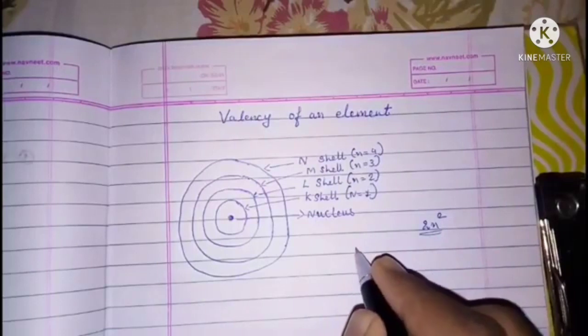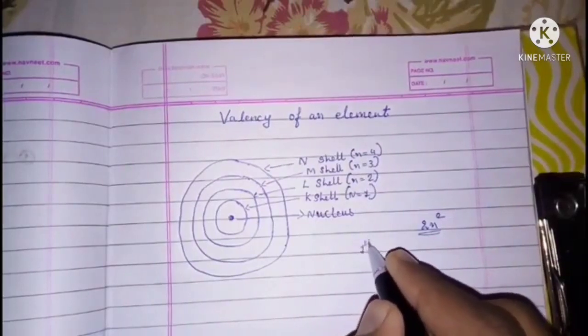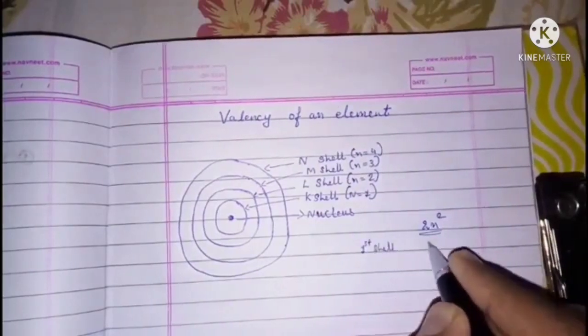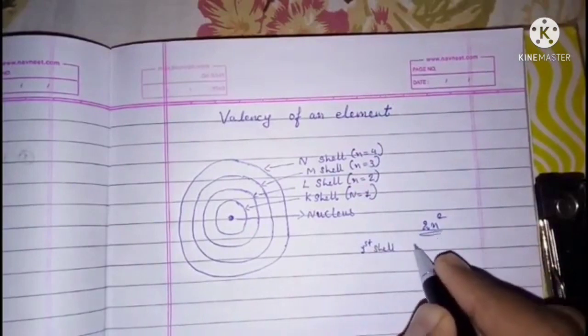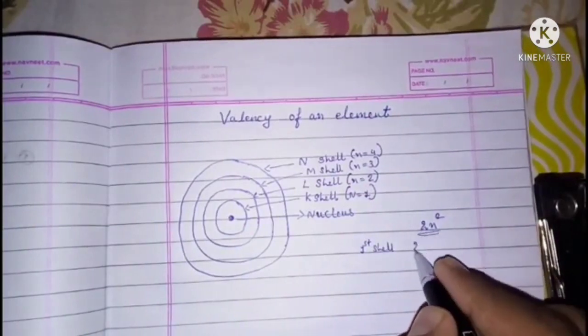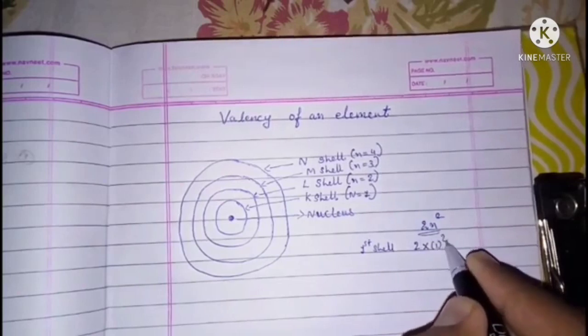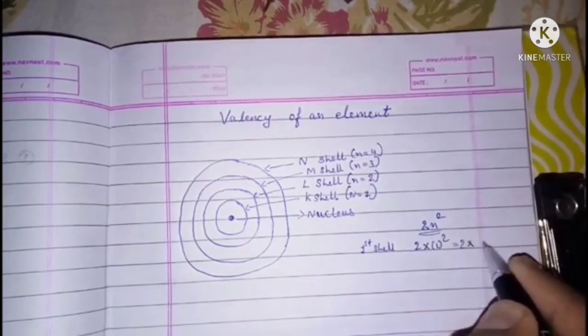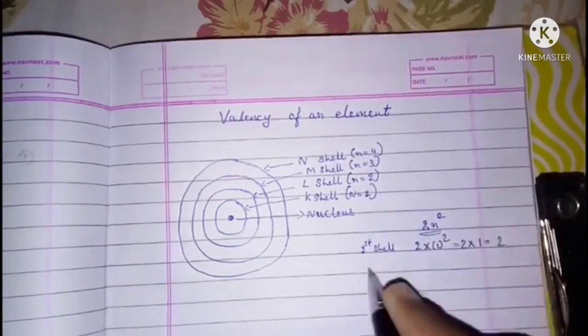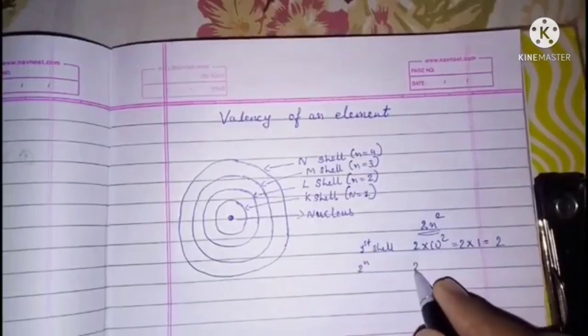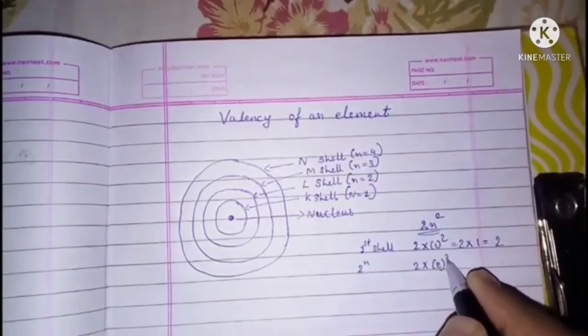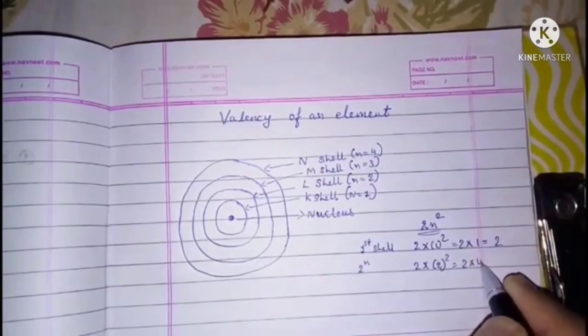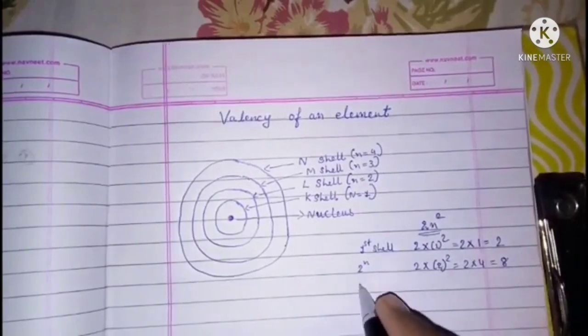Take the example of the first orbit. First orbit means K shell, that is n equal to 1. 2 into 1 square, you will get 2 electrons. What about the second shell or second orbit? n equal to 2, 2 square means 4, 4 2s are 8. 8 electrons are there in the second orbit.